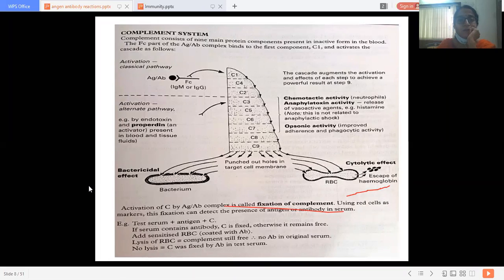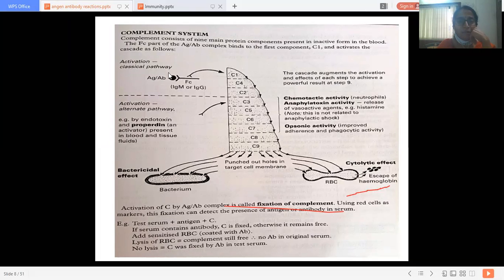See in this particular diagram, these are C1, C4, C2, C3, C5, C6, C7, C8 and C9. These are all our complements. The first reaction is with C1, and this proceeds up to C9. This activation is the classical pathway.